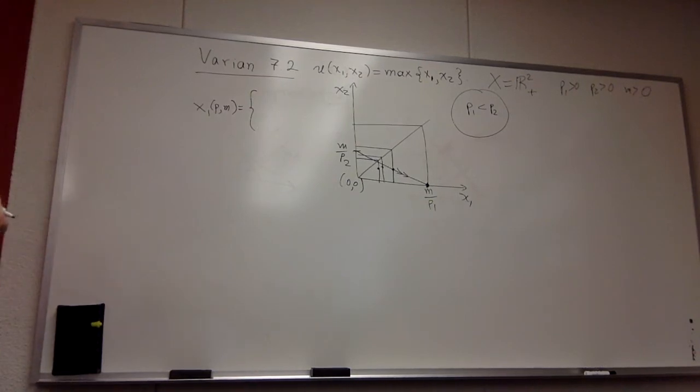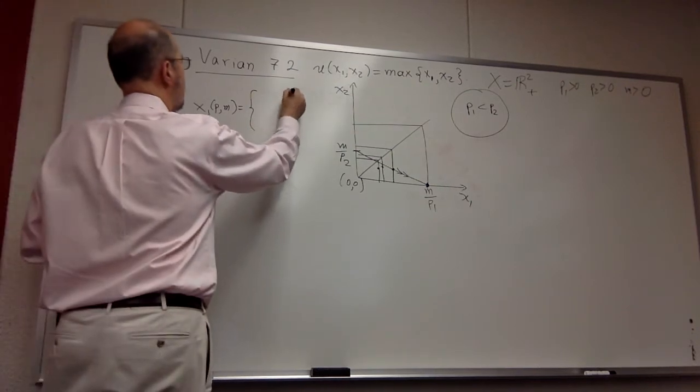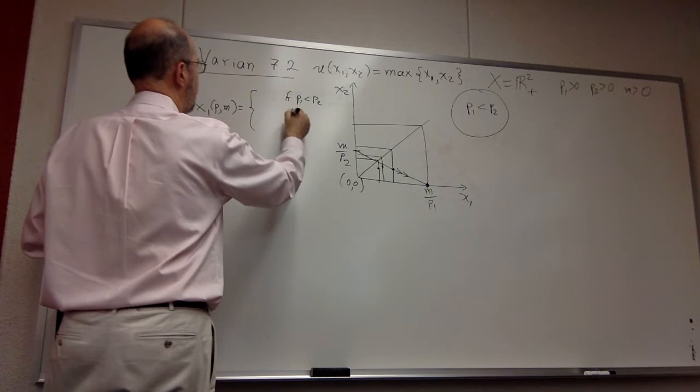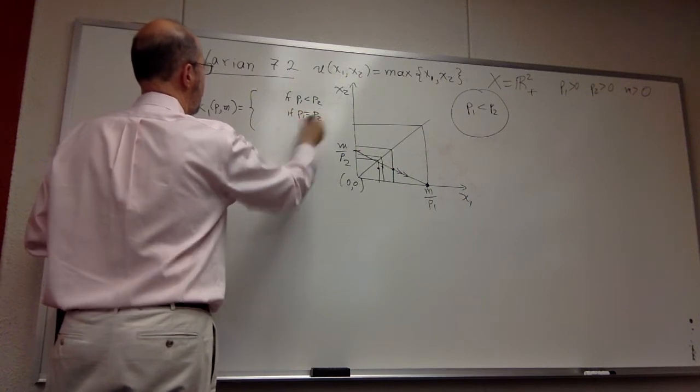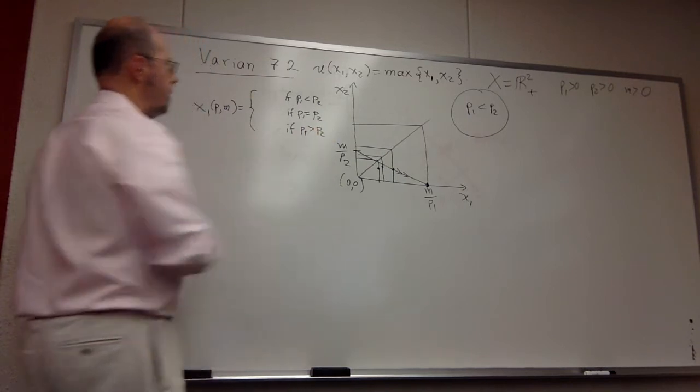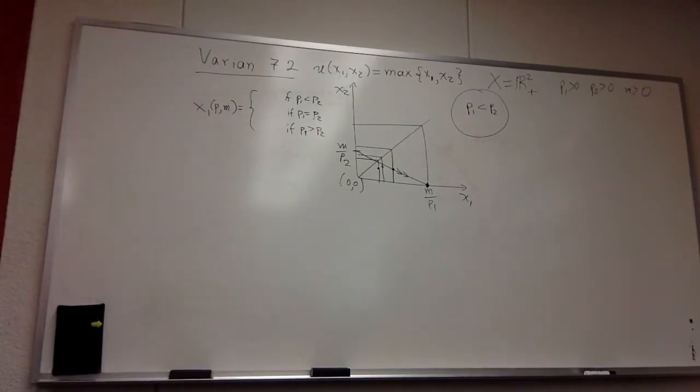Okay, so I will have three cases. Either P1 is less than P2, or they're equal, or P1 is bigger than P2, right? And I've done the case of P1 less than P2, right?